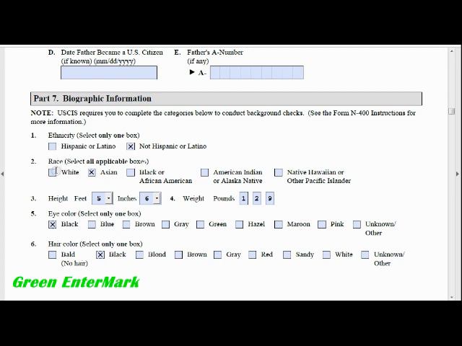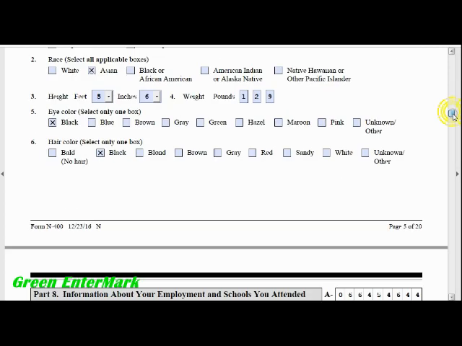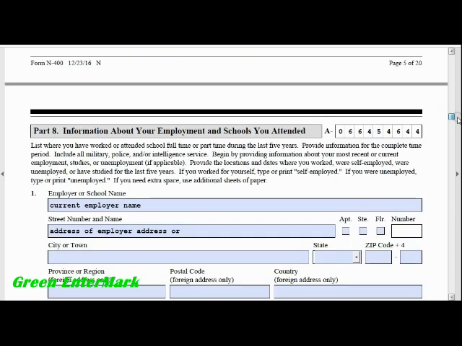Then race, whether you are white, Asian, black, or African American, American Indian or Alaska Native, Native Hawaiian or other Pacific Islander, you have to mention here. Then what is your height, weight, eye color, and hair? Simple. Then information about your employment and schools you attended.